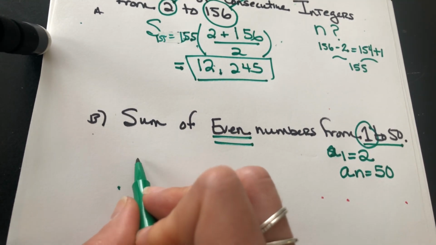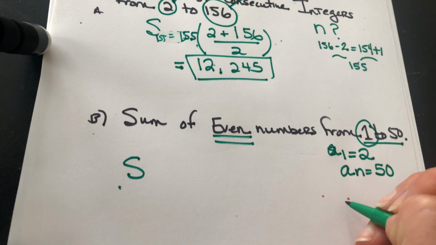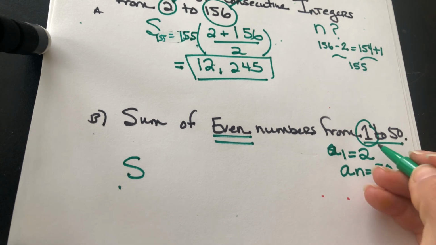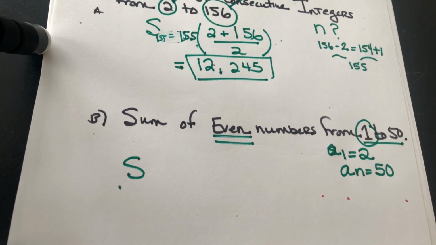Okay, the question that remains, here we go again, is what is N? How many terms are there from 2 to 50, but they're even? Well, if you think about it, from 1 to 50 is 50, okay? But you want to go from 2 to 50, and you want to be even. You're kind of just doing half the numbers.